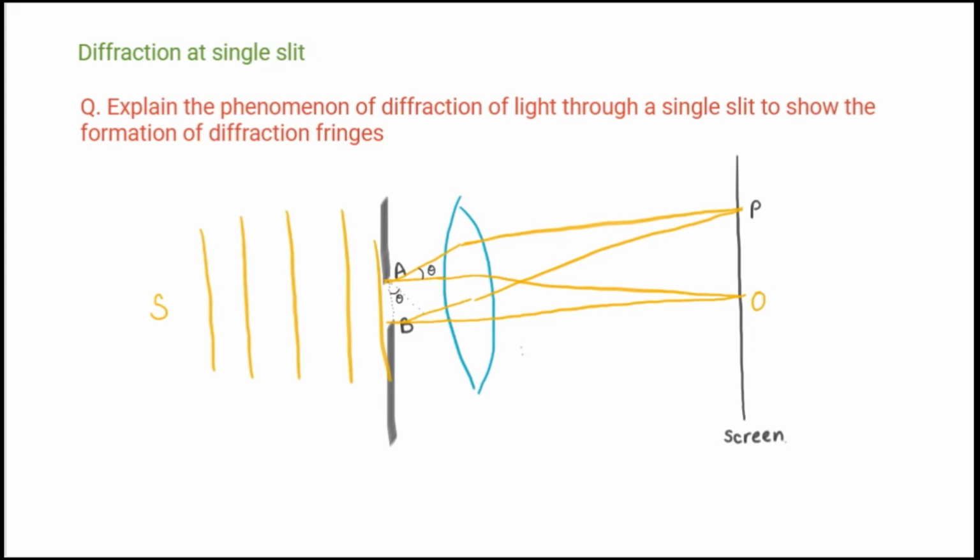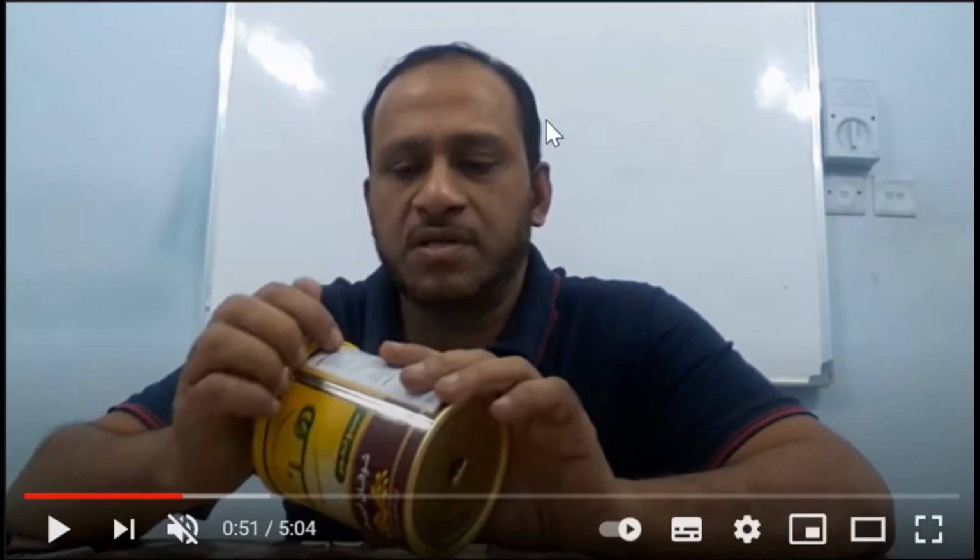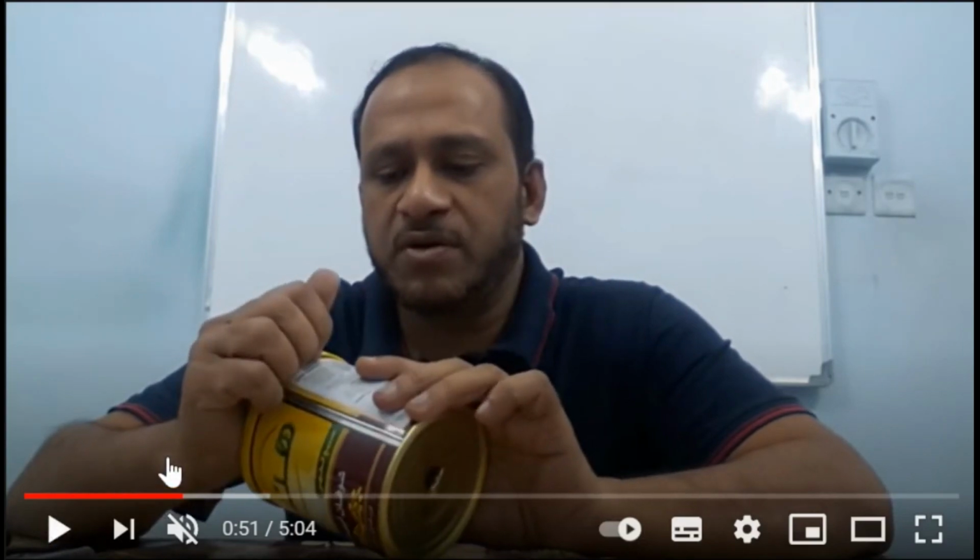Okay, before I leave this topic, let me just show you the experiment. So if you take a look in this case, this person has made a single slit out of this can box. Now if you see, he opens his can box cap.